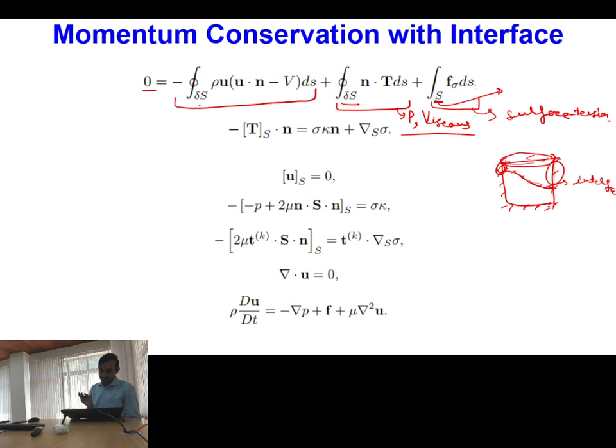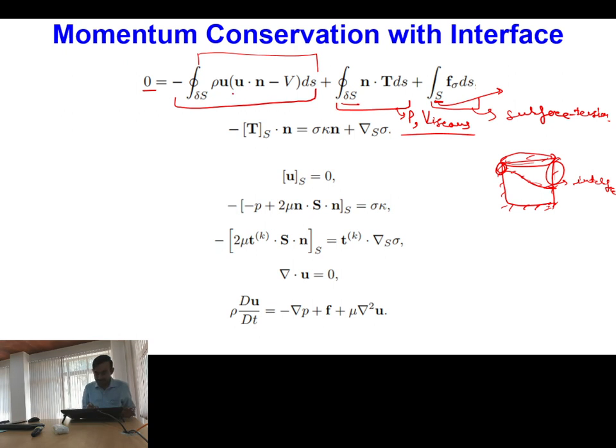So now this term, momentum exchange across the interface, will be only possible if you have phase change or a reacting system. If you don't have phase change or a reacting system, then fluid velocities just below and above the interface will be equal to the velocity of the interface in the normal direction.